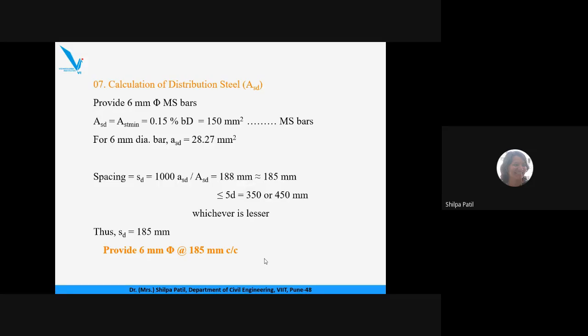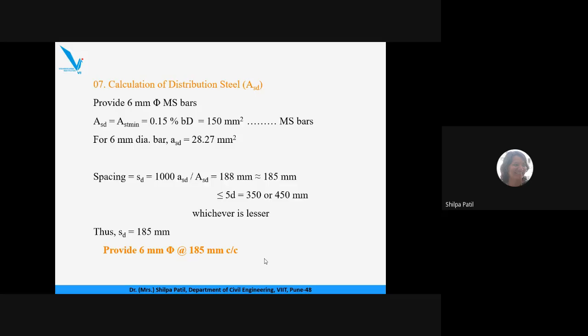So we do not design this steel to resist the moment or to check the moment capacity of the slab. It is provided only to take care of shrinkage cracks. So we can go for the minimum diameter of bar, that is 6 mm, and we can even use mild steel plain bar. So it is written here to provide 6 mm diameter mild steel bars.